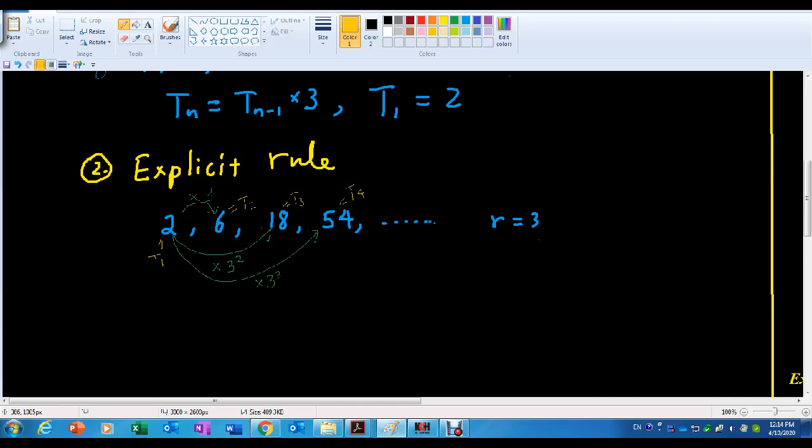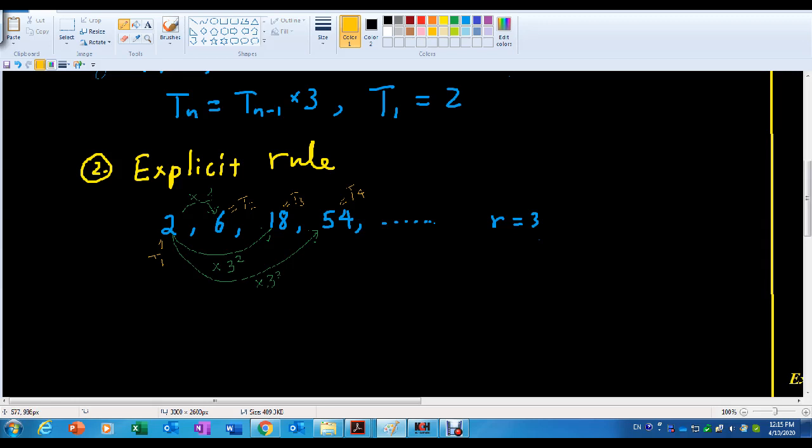For the second term, you multiply the first term by 3. For the third term, the first term is multiplied by the square of 3, that's 3 to the power 2.